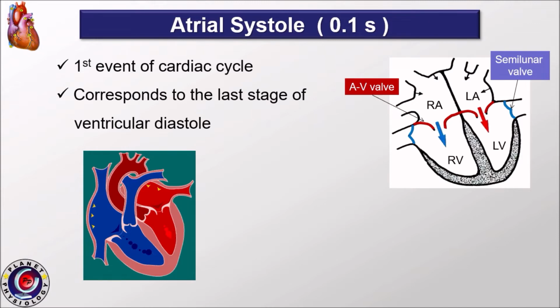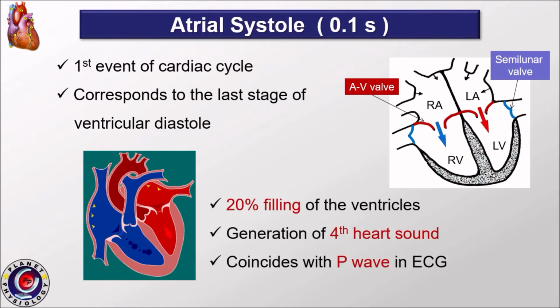So, as I told, cardiac cycle begins with atrial systole, which lasts for 0.1 second. This is the first event in the cardiac cycle and it corresponds to the last stage of ventricular diastole as we have seen in the previous diagram. Systole means contraction, and whenever any compartment of the heart is contracting, blood will be pushed in the next segment.